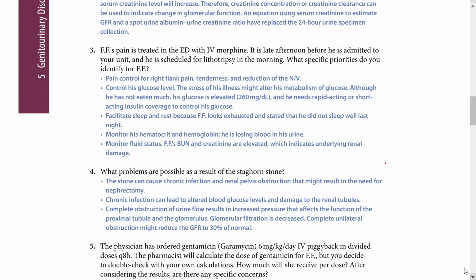And then after considering the results, what are your concerns? Because how much did she weigh? 277 pounds? Was that correct?